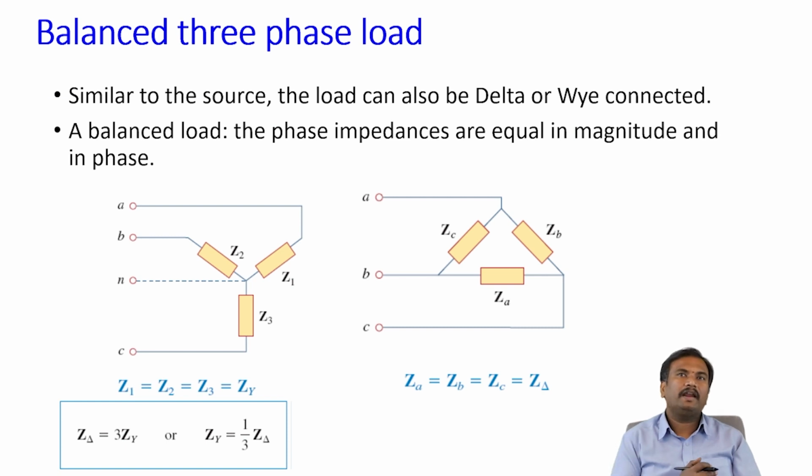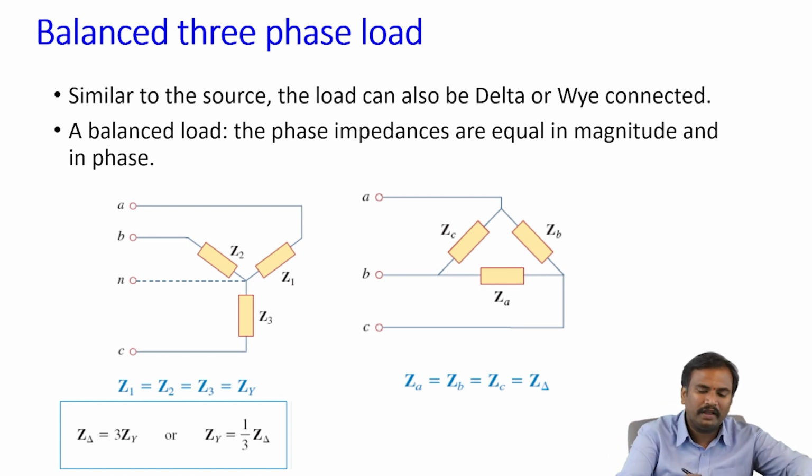Whenever we have balanced voltages, we also need a balanced load. The phase impedances are equal in magnitude and in phase. Whenever all the impedances or resistances are equal, those loads are called balanced loads.